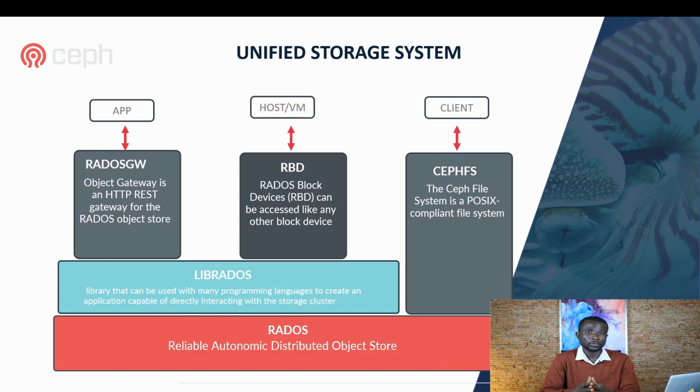We also have the last one, the RADOS gateway, for object access to the cluster. It's not represented there, but you also have LibRados, which can be directly reached by any application that implements this library. By this way, you can have access to the RADOS layer.